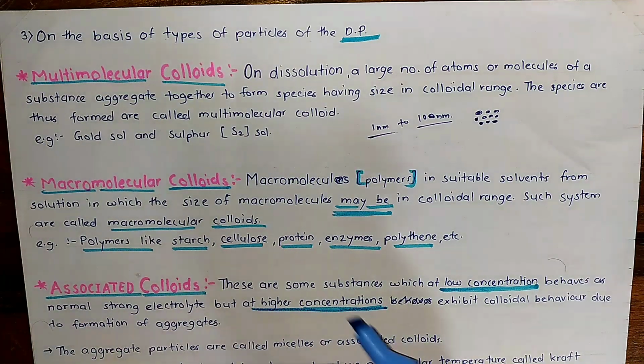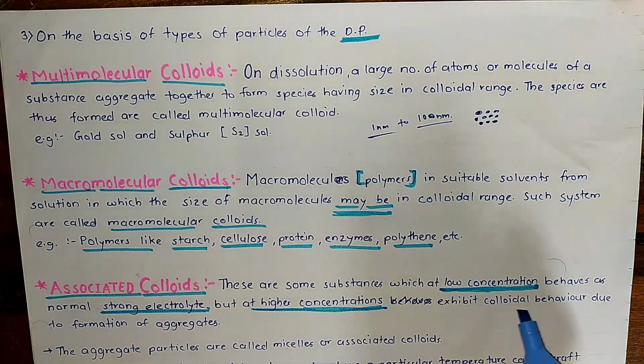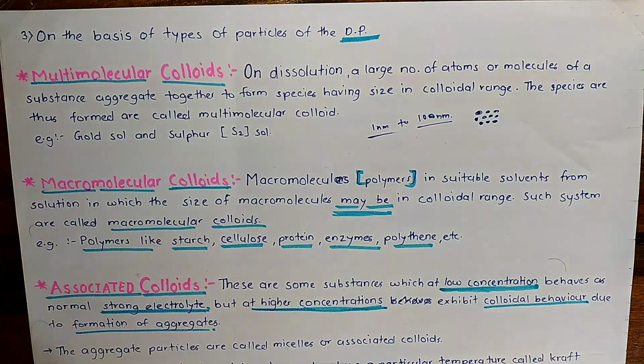Associated colloids: these are substances which at low concentrations behave as a normal strong electrolyte, but at higher concentrations exhibit colloidal behavior due to formation of aggregates.